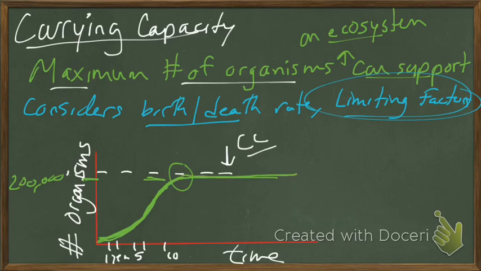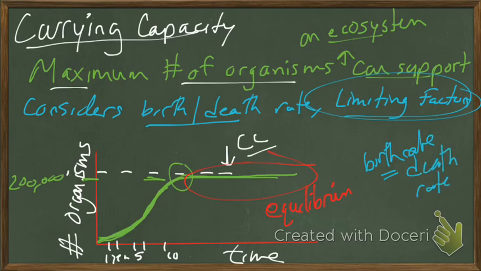At this point, we are at equilibrium. Birth rate equals death rate. Approximately, for every organism that passes, another organism can be born, or for every organism that is born, another organism passes.